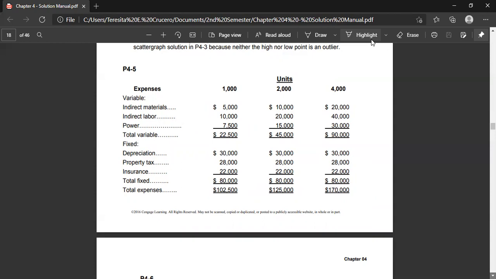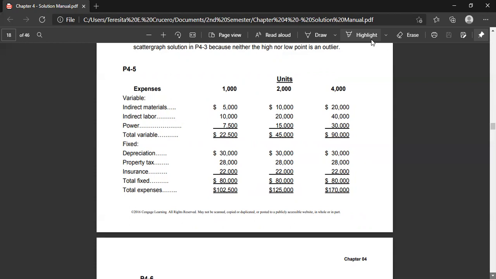Prepare flexible budgets for factory overhead at the 1,000, 2,000, and 4,000 unit levels. You must first decide which of the listed costs should be considered variable and which should be fixed. And by the way, the listed costs are given for a projected level of 2,000 units.